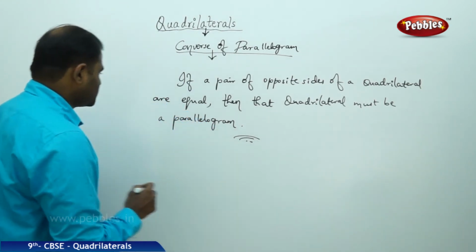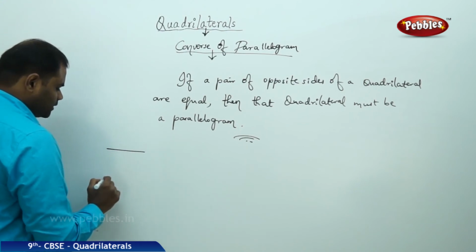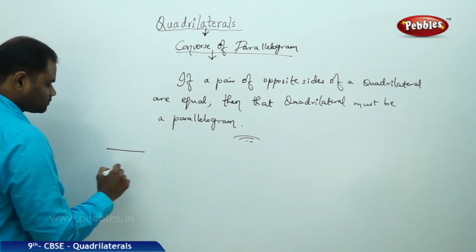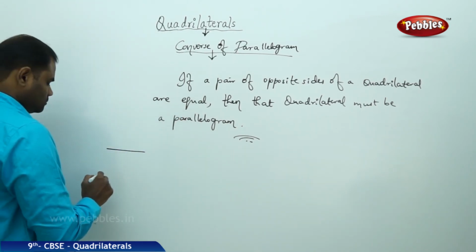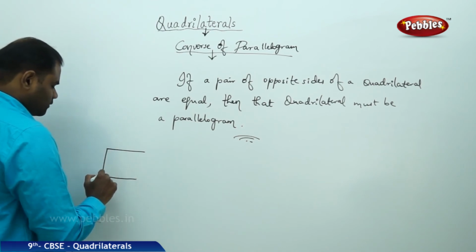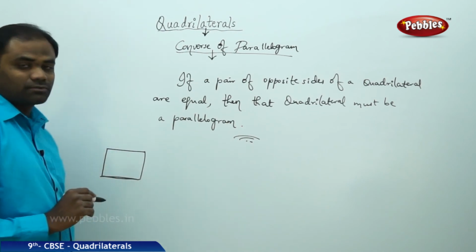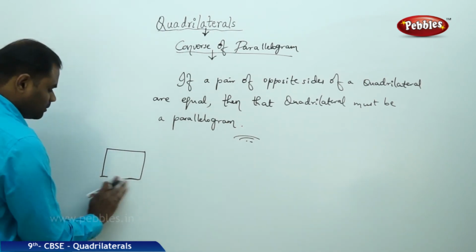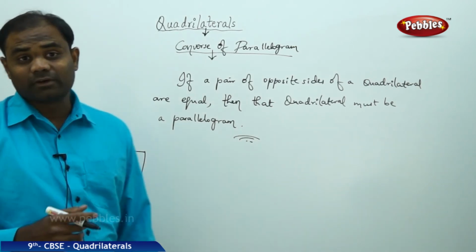That is, if I take the pair of opposite sides, I take two lines of equal lengths and I take two pairs of equal lines and I form a closed figure, then that closed figure must be the shape of a parallelogram, is how the property defines.